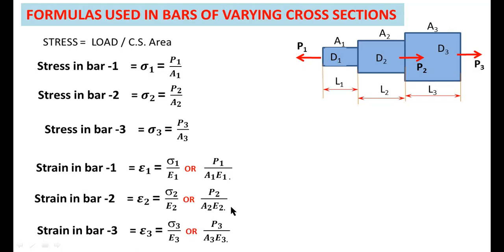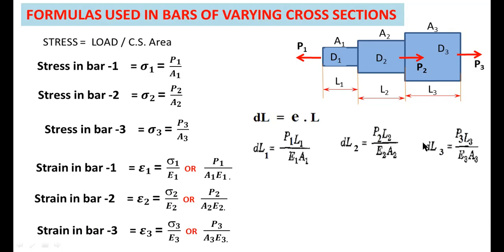Now by using these three stresses and these three strains, we have to calculate the total deformation in length. L1, L2, L3 are the original lengths, and delta L1, delta L2, delta L3 are the changes in length.